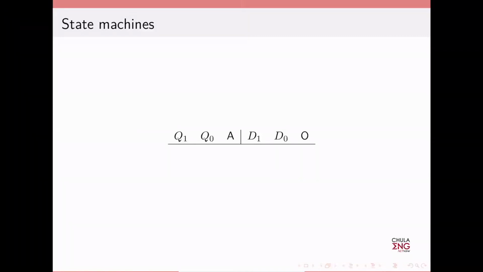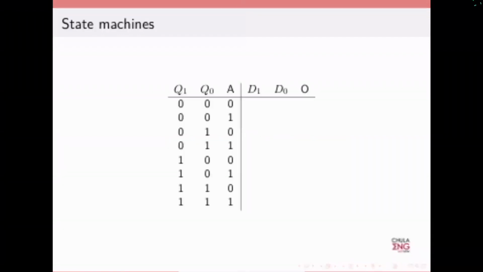So the states have to be 00, 01, 10, and 11. To write the truth table, you just describe all the possibilities. So if the state is 0 and the input A changes, then you write the outputs, okay?